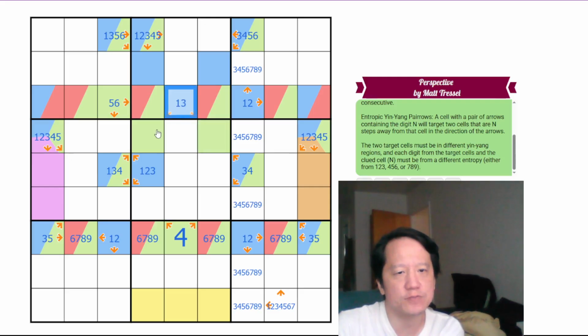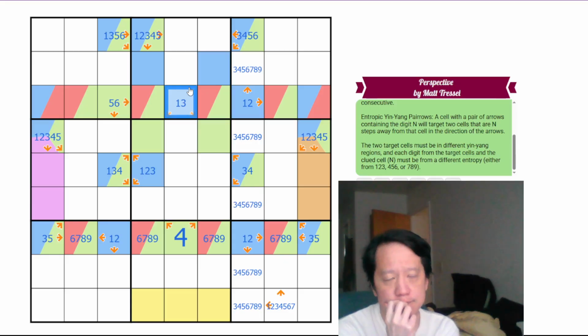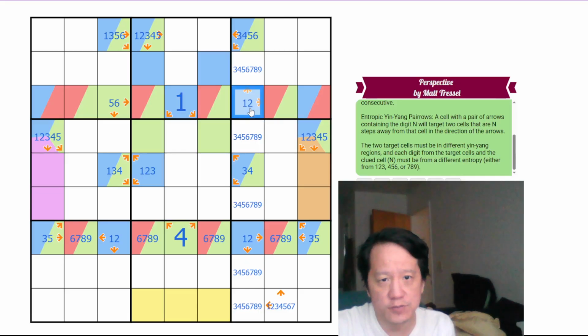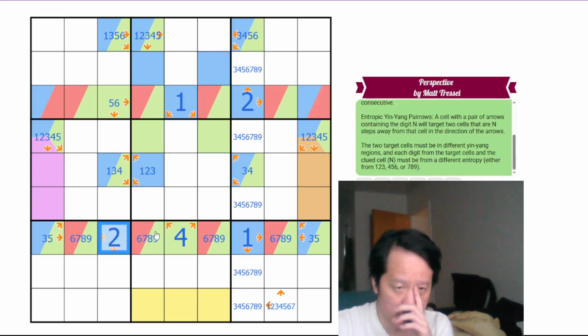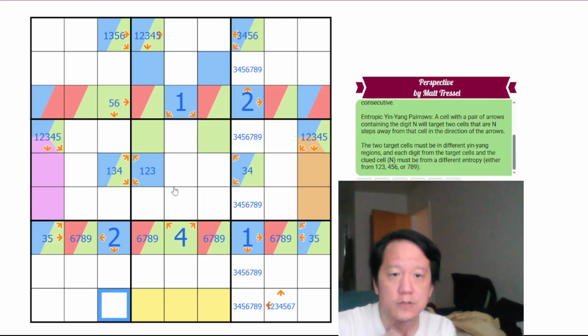So if this is 1, the other one would have to be red, but we don't have a guarantee that's 1, right? So let's again, okay, let's try this as 1. If this is 1, that's 2, that's 1, that's 2, right? So these have to be different regions. These have to be different regions.